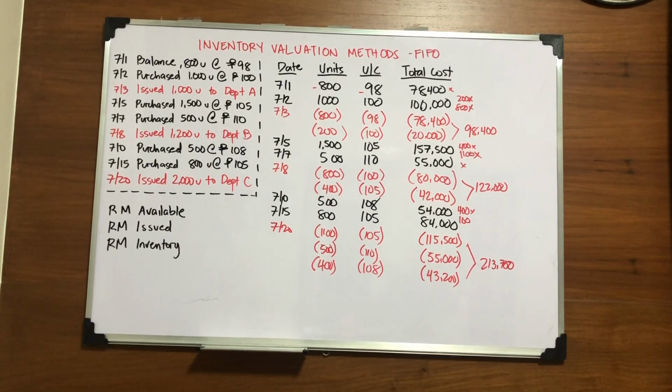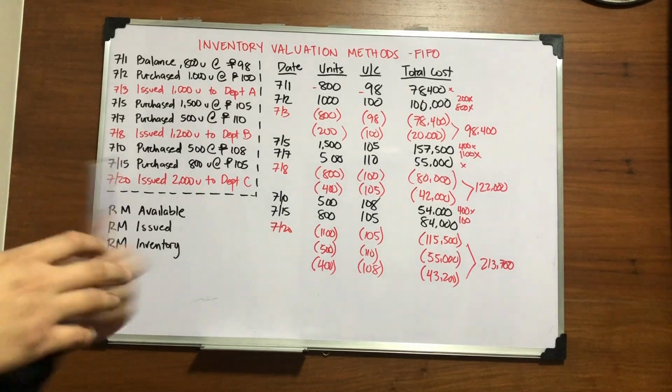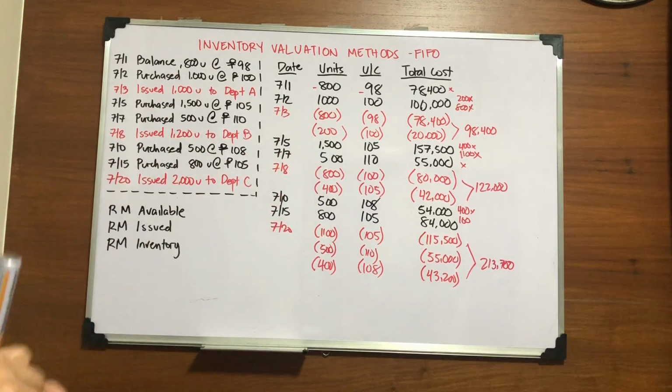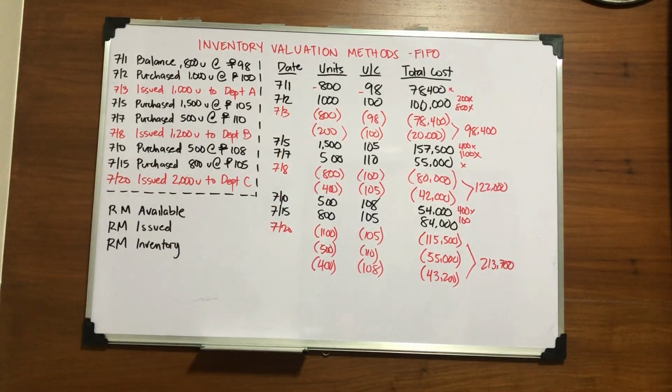So in here we already know how to properly allocate the purchases as well as the issuances. Now what we need to do is to obtain the balances for your raw materials available for use, your raw materials issued or used, as well as your raw materials inventory or your raw materials ending balance.